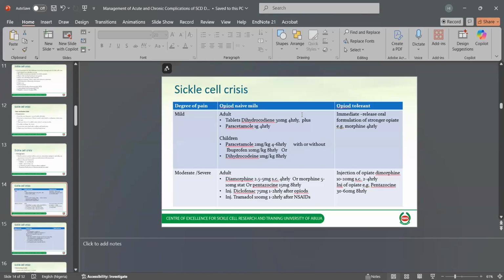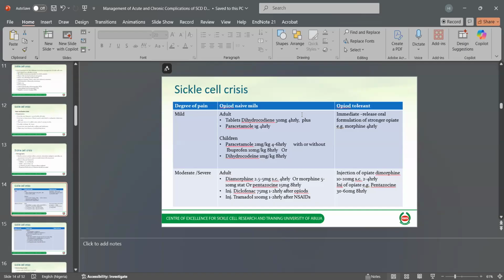For moderate to severe pain, for adults, we can use diamorphine, 2.5 milligram to 5 milligram subcut, 4 hourly, or morphine. We can also use intermittently diclofenac, or we use diclofenac with tramadol, intermittently.